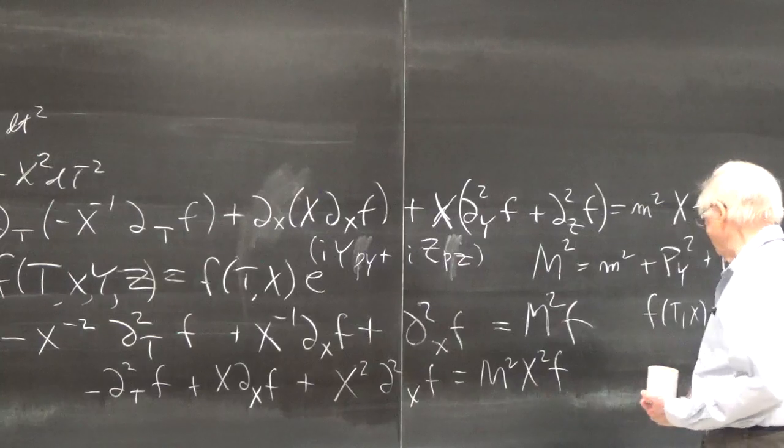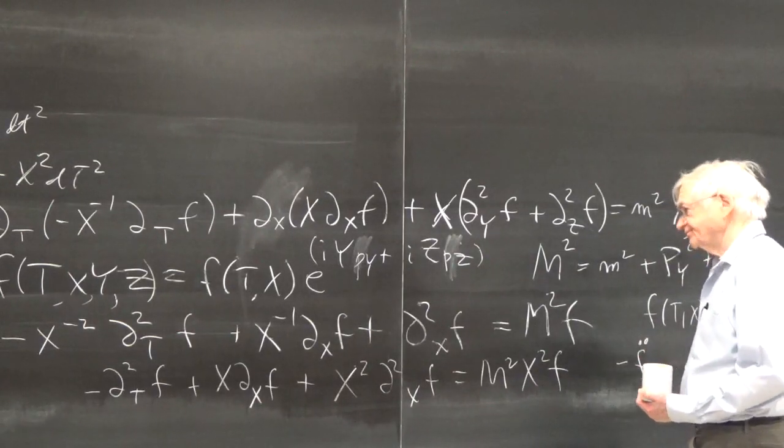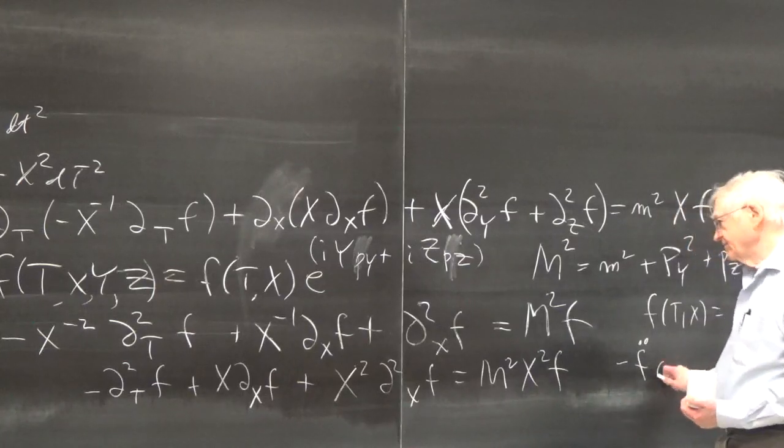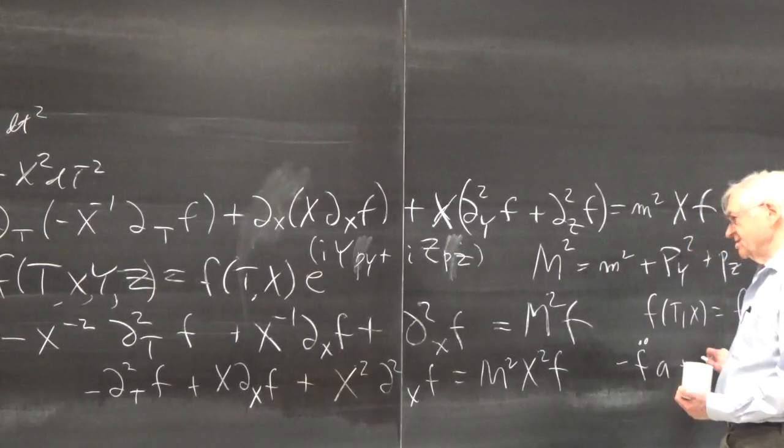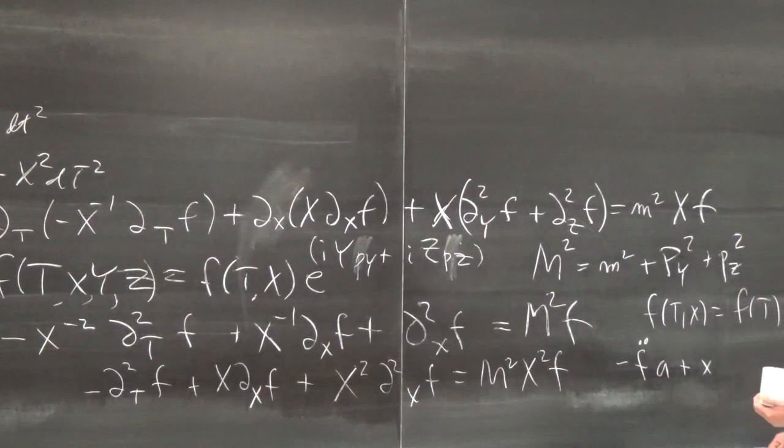So this is then minus f double dot a plus, I'm going to use lowercase x's just because I hate capital letters, this is Rindler's notation, x a prime plus x squared a double prime is equal to m squared x squared.